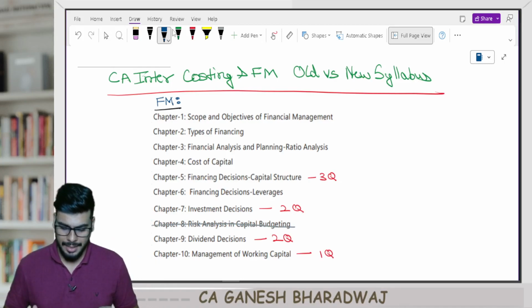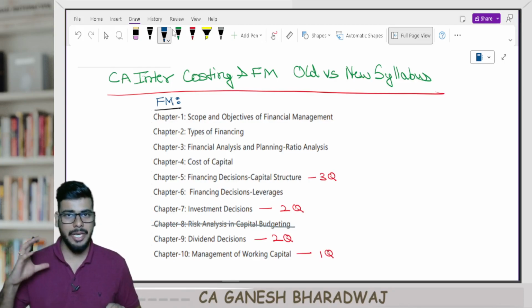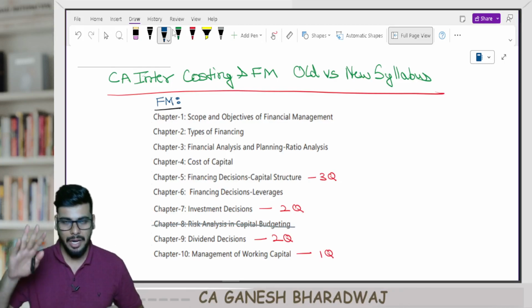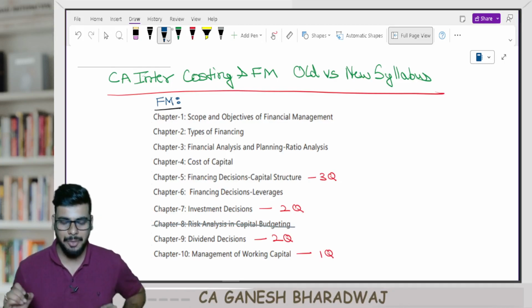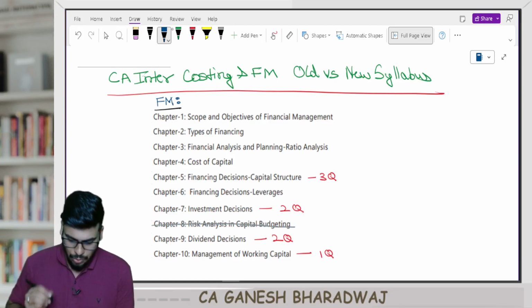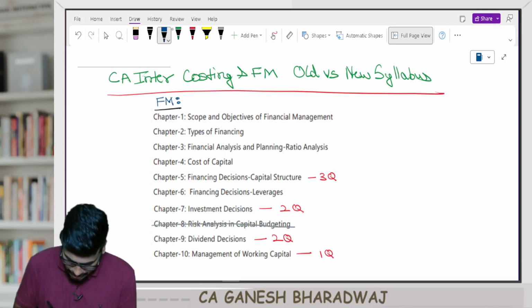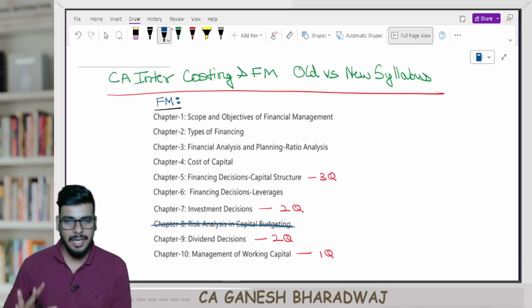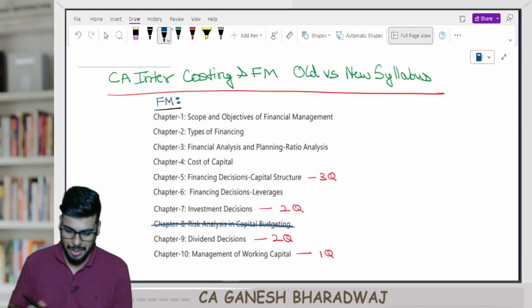So let's get started. First, if you take financial management, in the old syllabus, there were a total of 10 chapters. Now, in the new syllabus that is applicable from May 2024 onwards, there are only 9 chapters. That is, they have removed chapter number 8, risk analysis in capital budgeting.